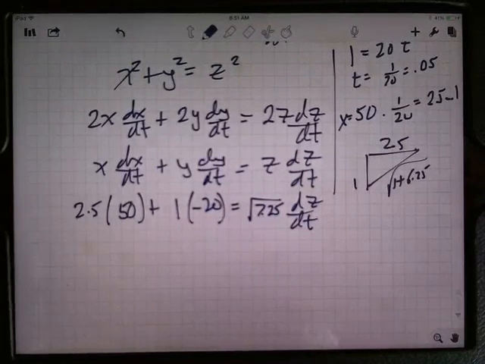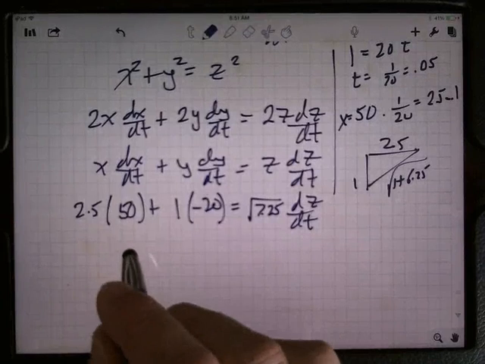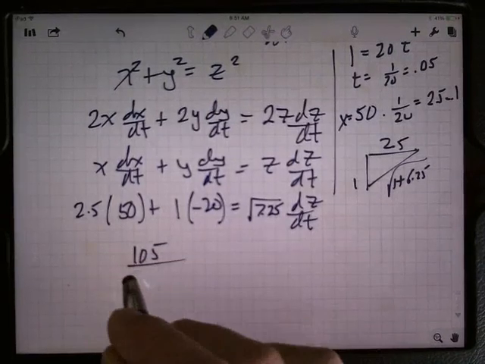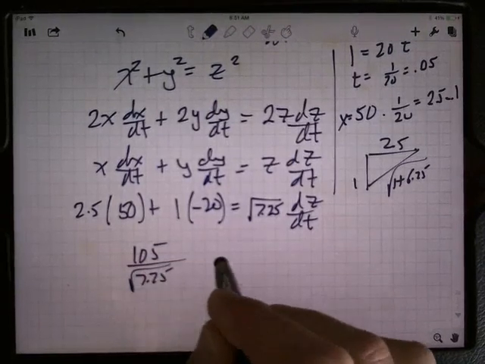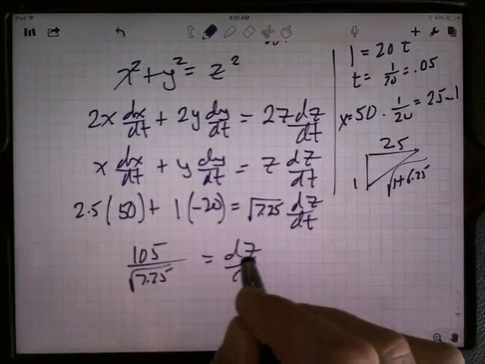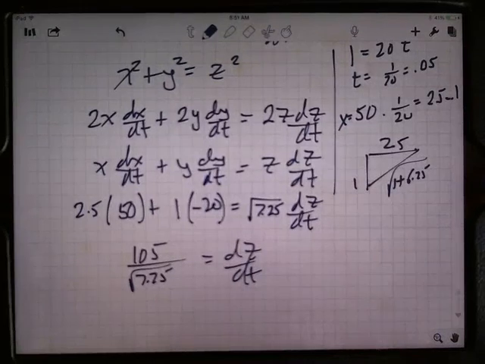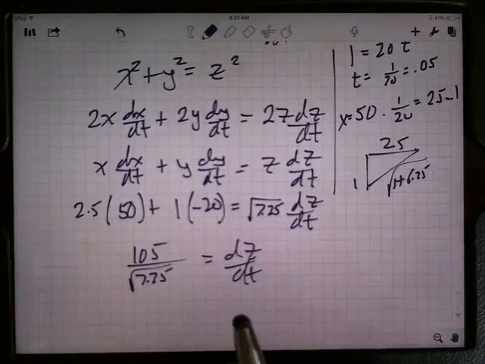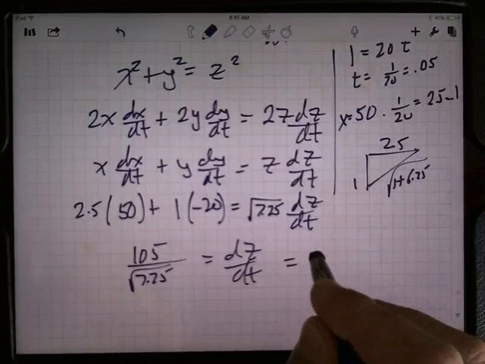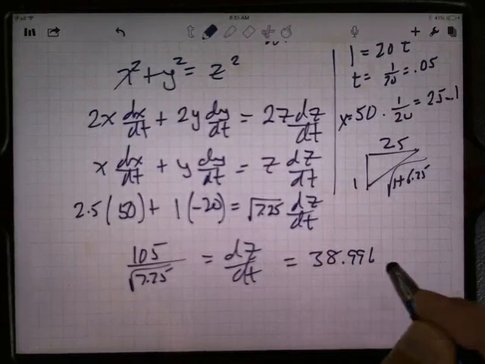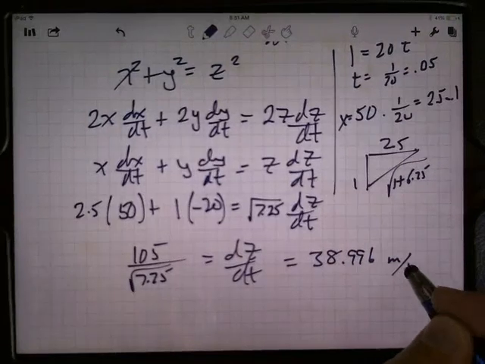I've got 2.5 times 50 minus 20, so that's 105, divided by the square root of 7.25 is dz/dt, and that's equal to 38.996. And this would be miles per hour.